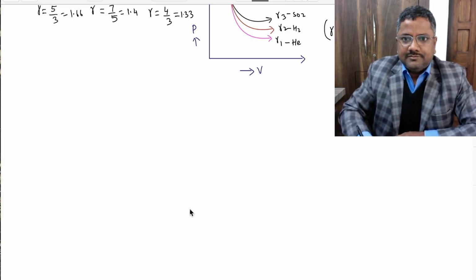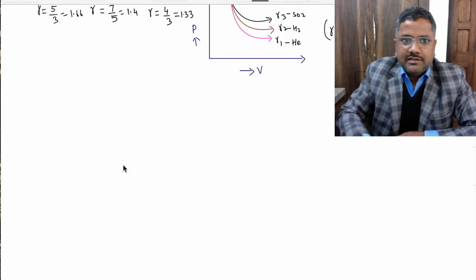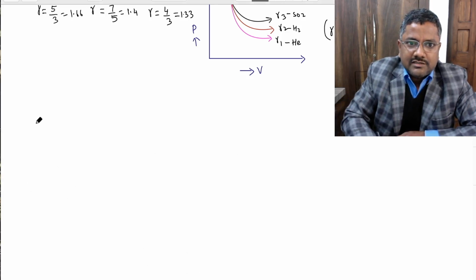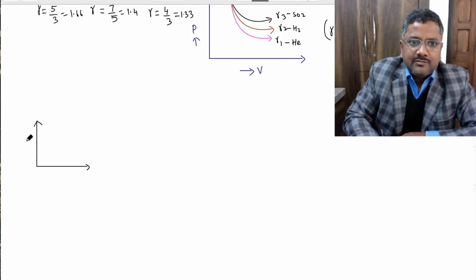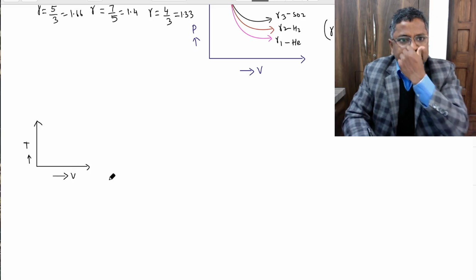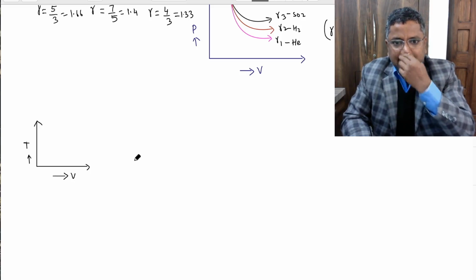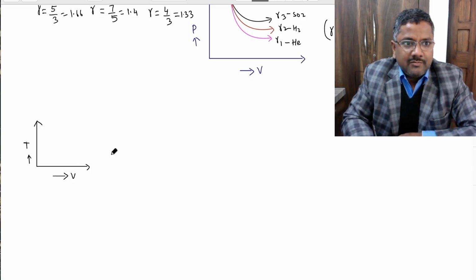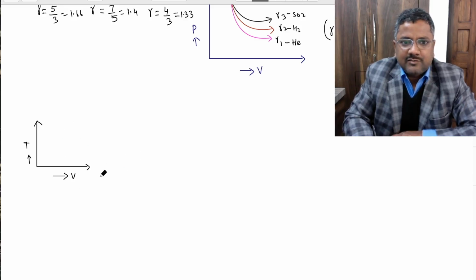Suppose that another plot is asked between T and V. Suppose that here temperature is given and here volume is given, right? And you have to compare adiabatic expansion.